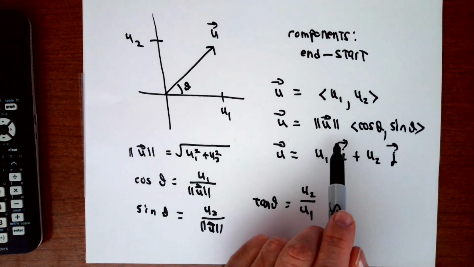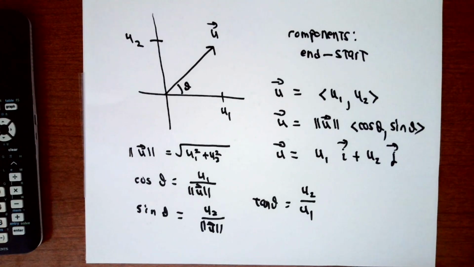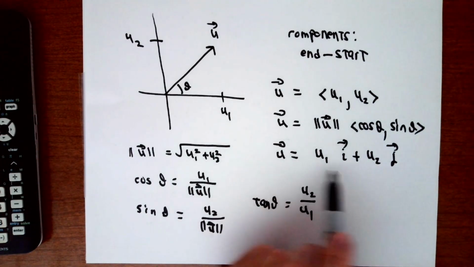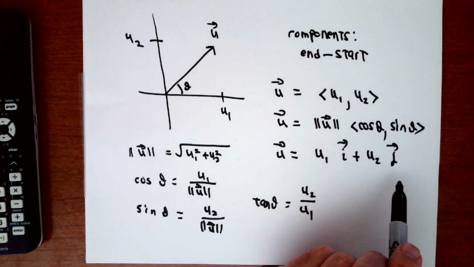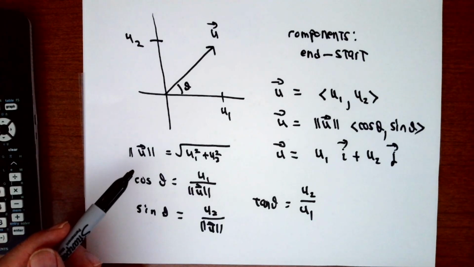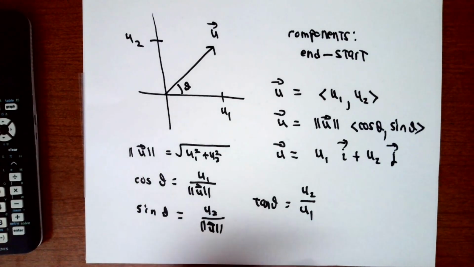It's the length of u times the vector cosine theta, sine theta. We have a third way of writing that. We have u1 i plus u2 j. We have formulas for the length of a vector. Cosine theta, sine theta, and tangent of theta can be useful for finding the direction.